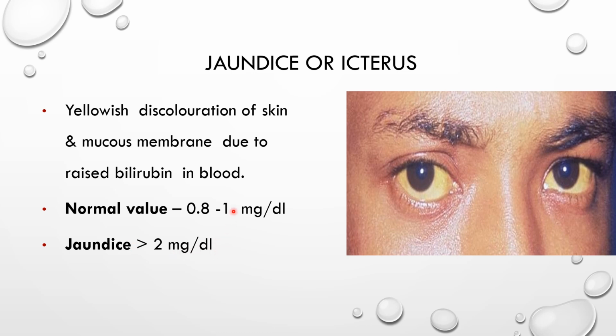If it is between 1 and 2, it is subclinical jaundice. So to get clinical jaundice, the bilirubin level must be more than 2 milligram per deciliter. If it is between, there will not be any clinical appearance of the jaundice.